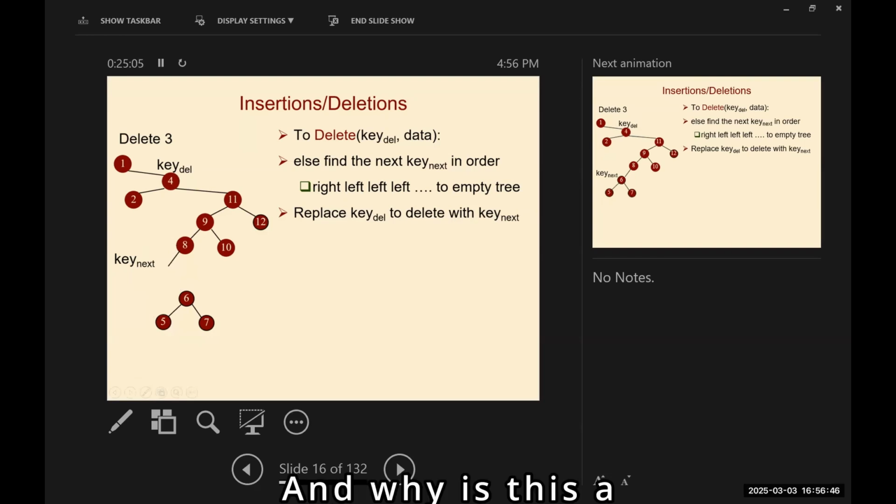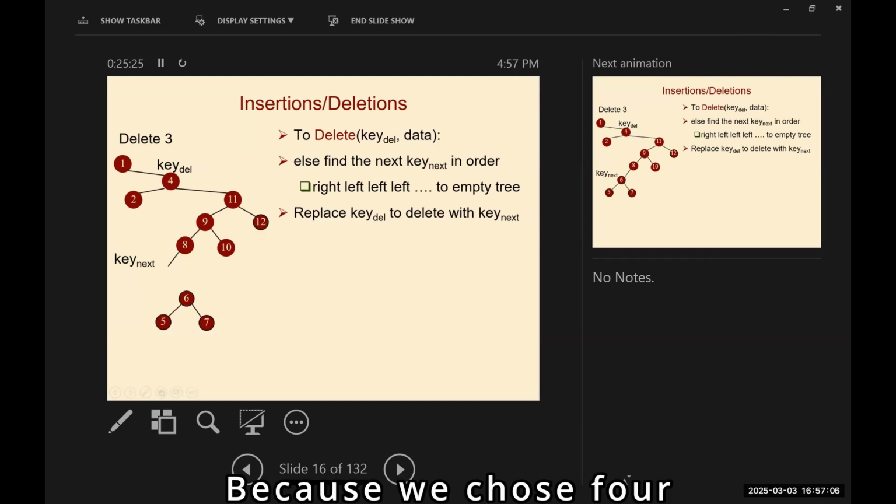And why is this valid to put 4 here? Well, 3 was bigger than the 2 and everything, and 4 is even bigger, right? So 4 is happy with that, and 4's smaller than everybody in this tree, right? Why?